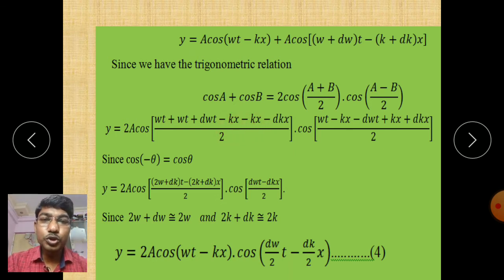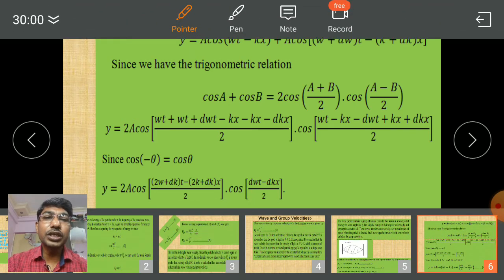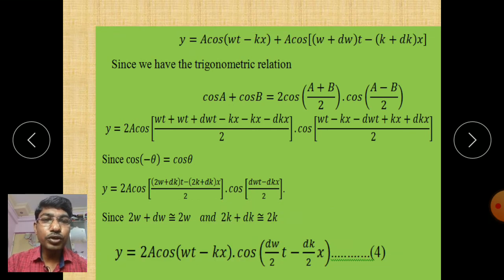You have to solve and you get these equations. But here we know the change dω in angular velocity is very small. Therefore 2ω + dω is nearly equal to 2ω. Also the change in propagation constant is very small, therefore this is equal to 2k.